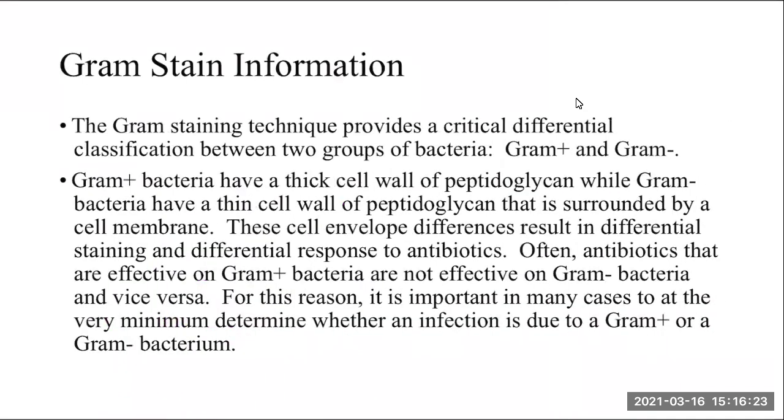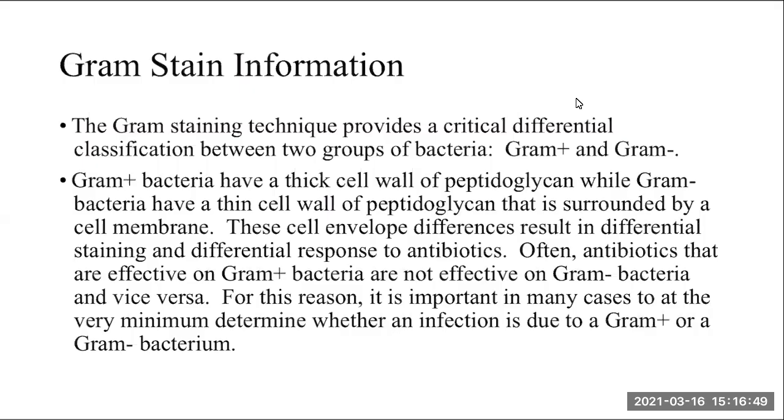So pretty much we're going to use this to identify between Gram positive cells and Gram negative cells. The Gram positive bacteria have a thick cell wall of peptidoglycan, where Gram negative bacteria have a thin cell wall of peptidoglycan that is actually surrounded by a cell membrane. So these cell envelope differences result in differential staining and differential response to antibiotics.